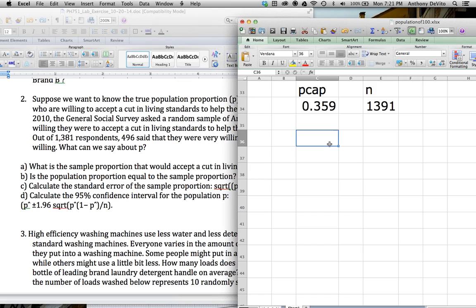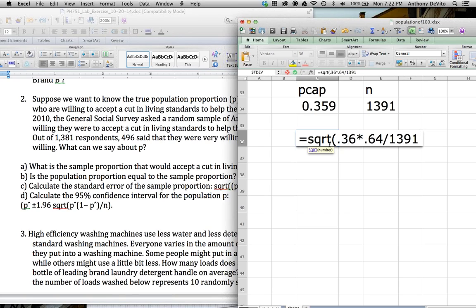So in order to do that, I need to know what the standard error is for this distribution, how spread out this distribution is. So in this case, it's equal to the square root of p. What's p? 0.395, I'm going to make it 0.36, make it simpler, times 1 minus p, which is 0.64, over the sample size, which is 1,391.